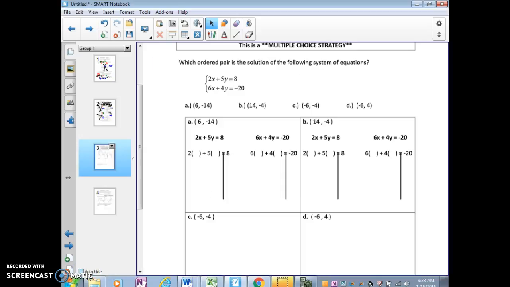So our next page says the multiple choice strategy. If we had a system of equations, and we're given 2 equations here, 2x plus 5y equals 8, and 6x plus 4y equals -20, and then one of the points listed here, A, B, C, or D, has the point that we're looking for, the point where these 2 lines will intersect.